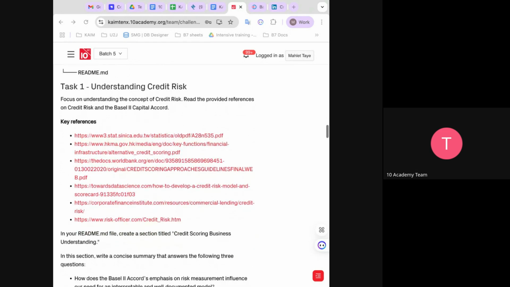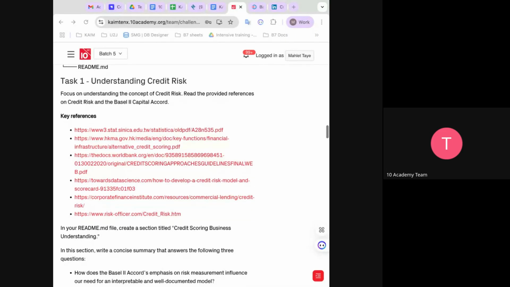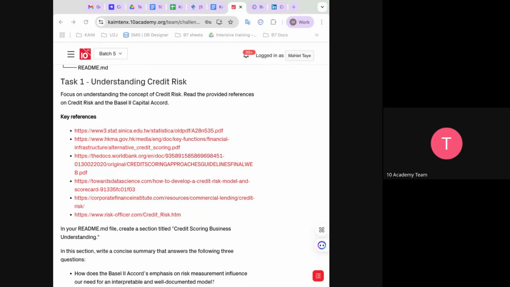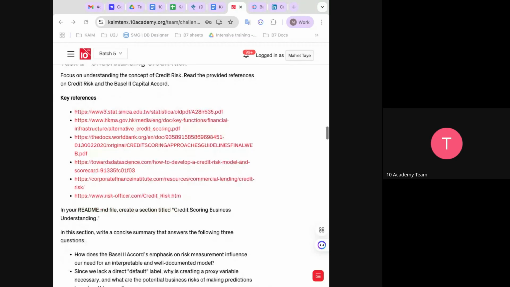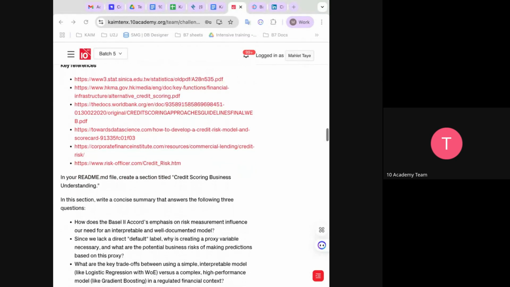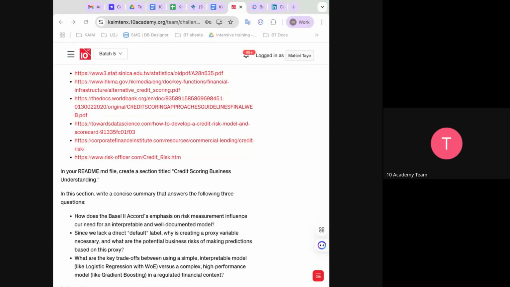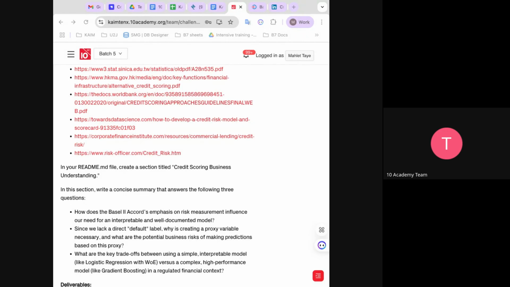For this specific task, you will have an additional README which says credit scoring business understanding, and you can answer the following questions: what you have understood so far about credit scoring, what it means by default, what the Basel II Accord means, and what the trade-off is between a simple interpretable model like logistic regression versus a complex high-performance model.